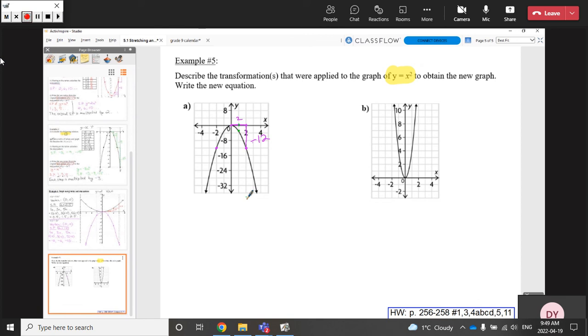Well, the thing is, the step pattern in y equals x squared is 1, 3, 5. So this is the first step, this is the second step, this is the third step. We have the second step here, so this 3 is really now a negative 12. So how might we get this a value?